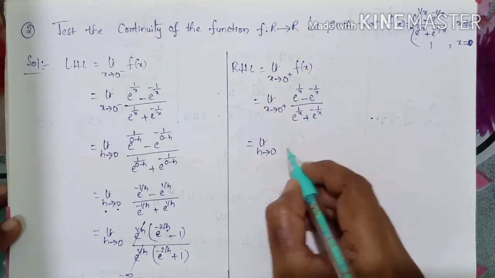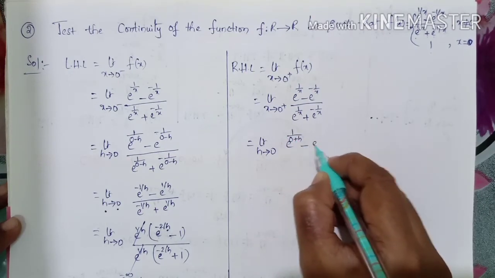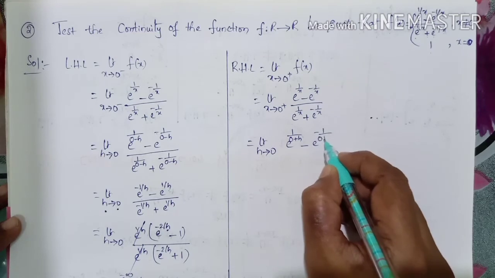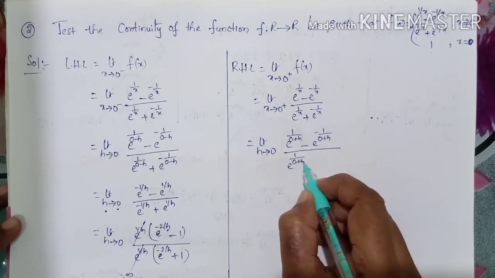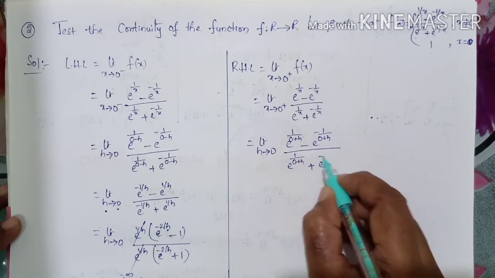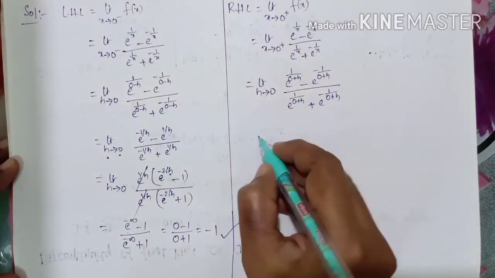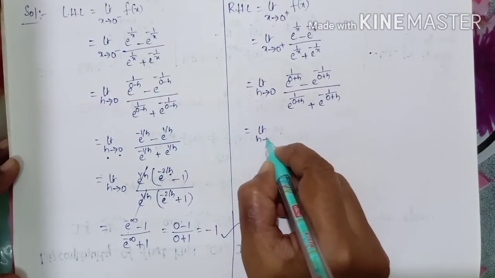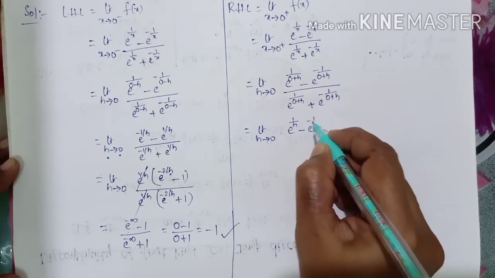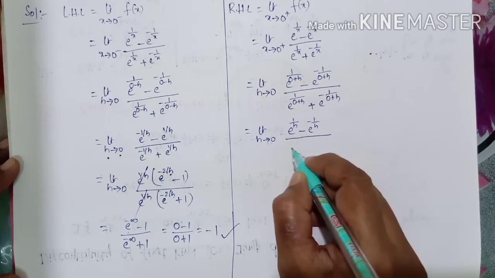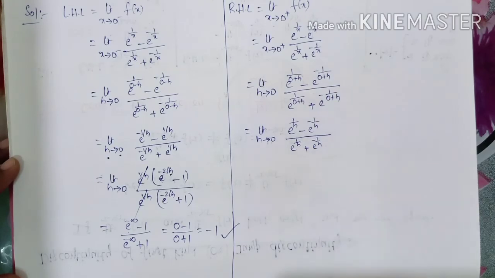Limit h tends to 0, (e power 1 by h minus e power minus 1 by h) by (e power 1 by h plus e power minus 1 by h).